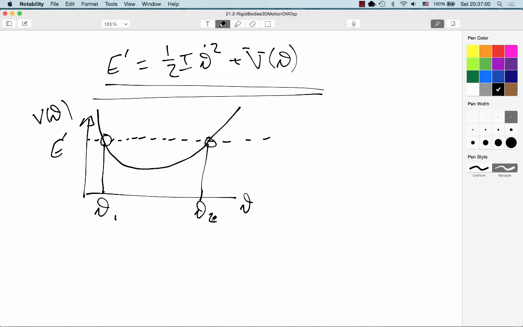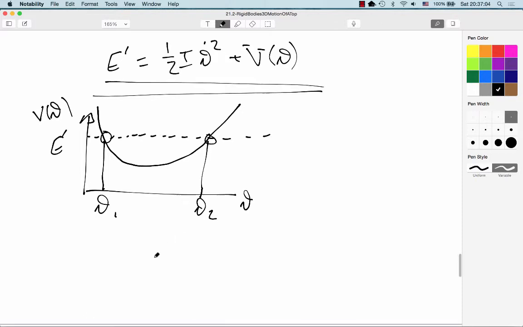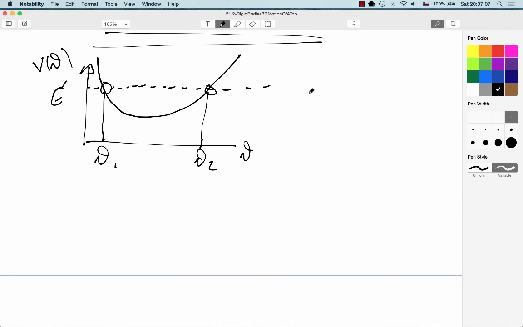Now, depending on whether you have fast or slow precession, there's a couple different modes of nutation that you can have. There's actually 3 of them, although one's an edge case. So there's my theta 1, theta 2. One possibility I have is it just kind of bobs back and forth like that, and the motion both at the top and the bottom of the nutation is in the same direction.